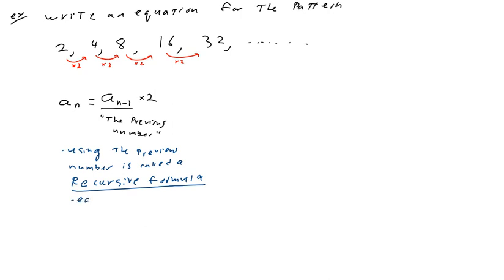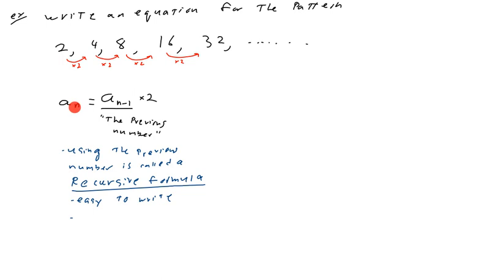The advantage of the recursive formula is that it's easy. Easy to write the equation. It's easy to describe a recursive formula. We'll take the last number and do something to it to get the next one. Like for even numbers, take the last number, add 2. Take the last number, add maybe n. So it's easy to write the formula.